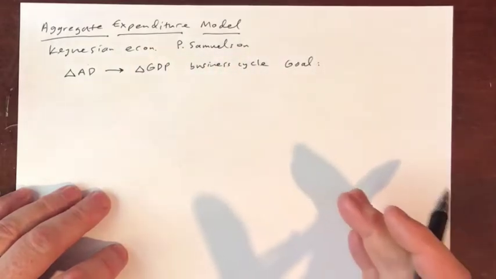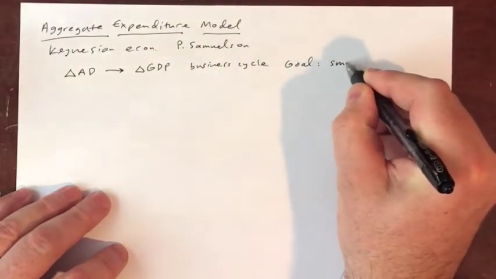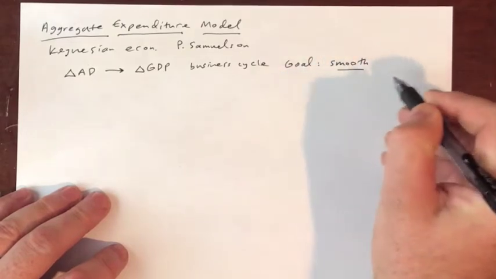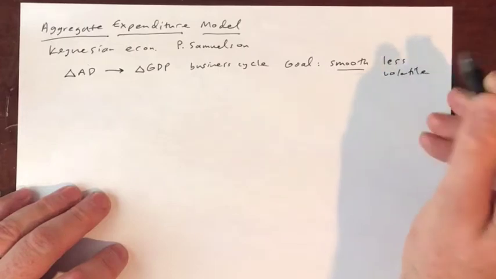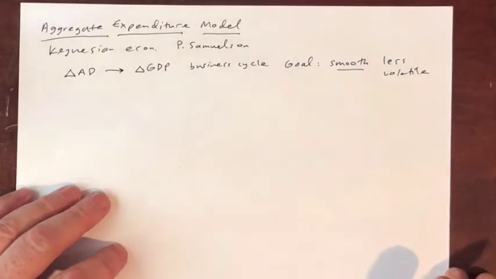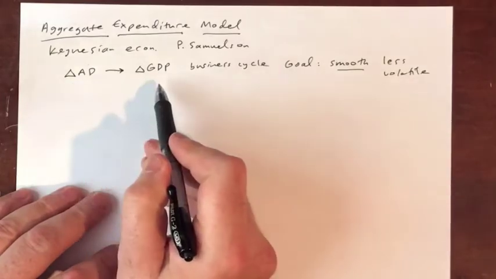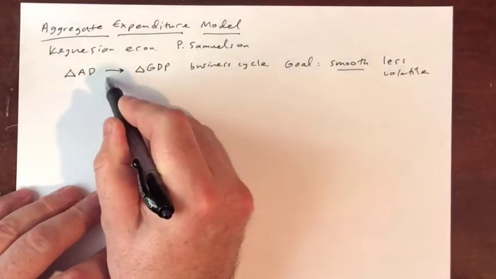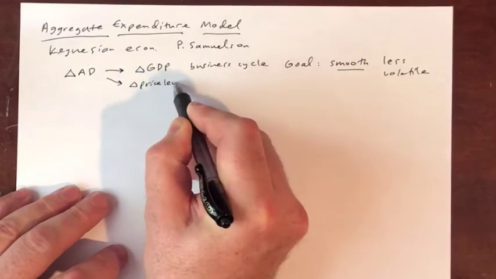So a lot of the goal of Keynesian macroeconomic theory is to smooth out the business cycle, to create a less volatile economy. Changes in aggregate demand lead to changes in GDP, and as a secondary feature, changes in the price level as well.